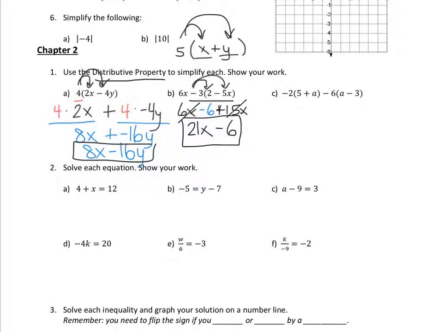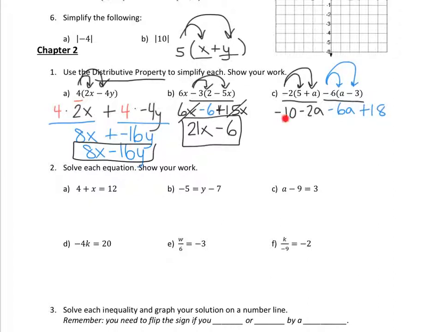Letter C. You're going to have 2 sets of distributive properties going. So I'm going to multiply negative 2 times 5, which is negative 10, and negative 2 times a, which is negative 2a. Then the second part is going to be the negative 6a, and then negative 6 times negative 3 is plus 18.